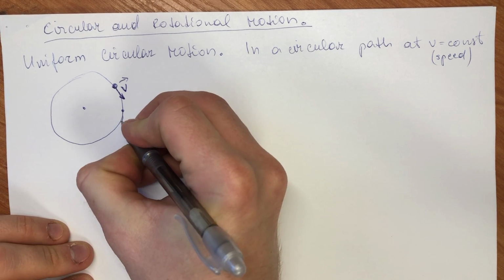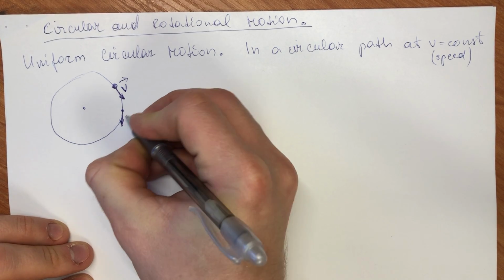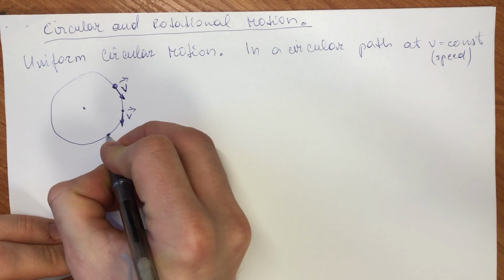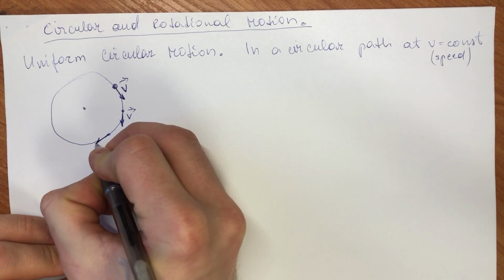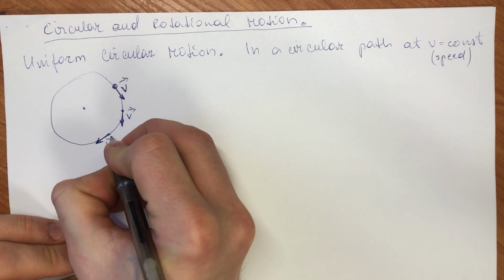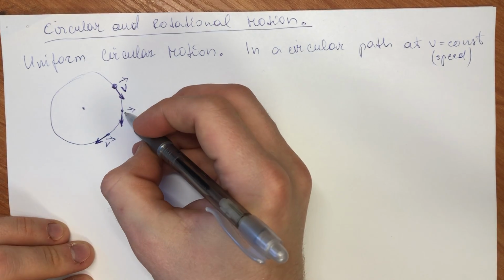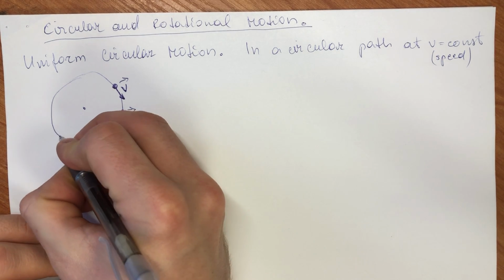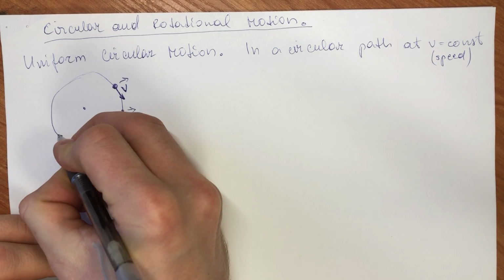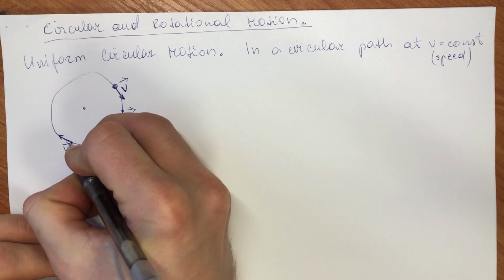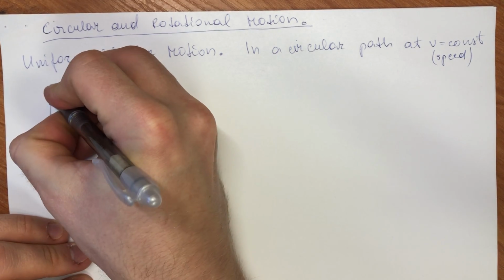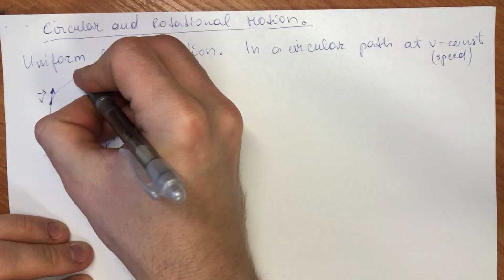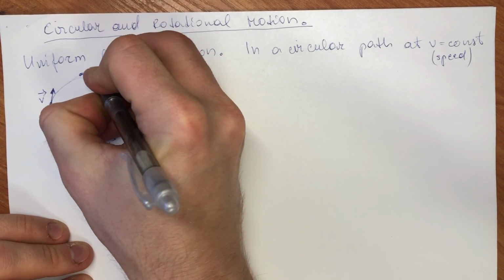Here the velocity has direction here. Here the velocity has the direction here. Direction is along this circular path. Here it has the direction here, and the same thing happens here.